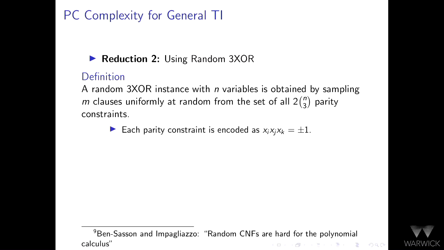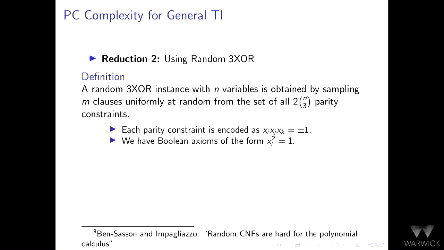We encode each parity constraint as a product of variables equal to plus or minus 1, and we have Boolean axioms for each variable. By the probabilistic method, it's well known that when the number of clauses is sufficiently large, such an XOR instance is unsatisfiable.